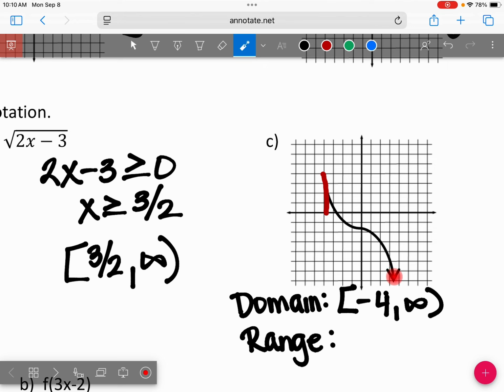It has an arrow going down. That tells me that my lowest y value is -infinity. And then it stops when we get here. So what is that value? 1, 2, 3, 4. So it would be to +4 with a bracket.